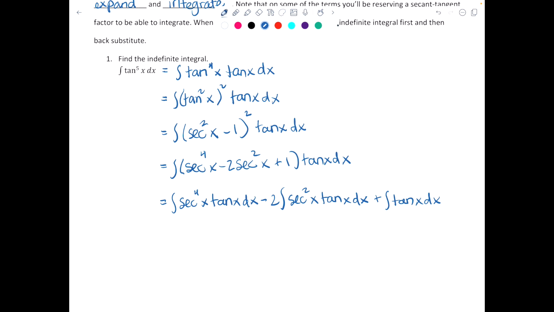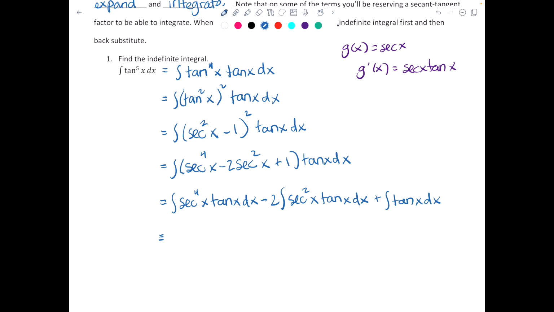Good so far? Now the trick is, if you have your g of x equal to secant at x, you need a secant x tangent x, right? So if g at x was equal to secant at x, g prime at x is equal to secant at x times tangent at x. So here we go.